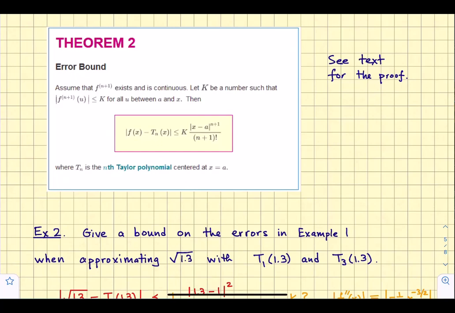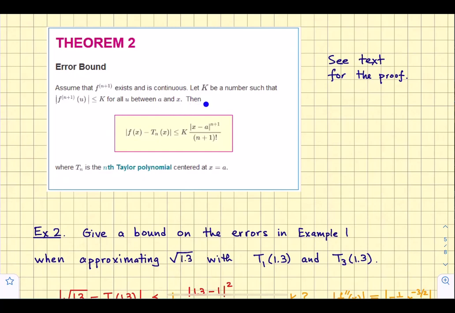So the error bound theorem says, assume that the n plus first derivative of f exists and is continuous. Let K be a number such that the absolute value of the n plus first derivative of f at u is less than or equal to K for all u between a, the place where you built your approximation, and x, the value at which you're applying your approximation.